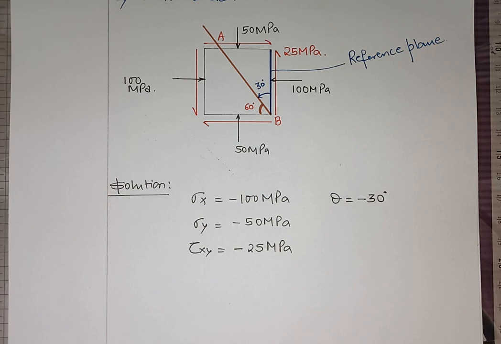Then along with their signs, I am going to decide how to draw the Mohr circle. So without wasting much time, let us proceed. First let us assume the relevant scale. To assume the scale, I need to look at the magnitudes of stresses. So it is 100 MPa, 50 MPa and 25 MPa.